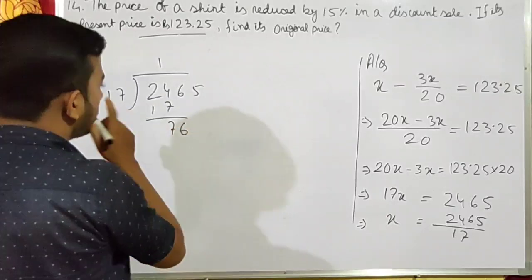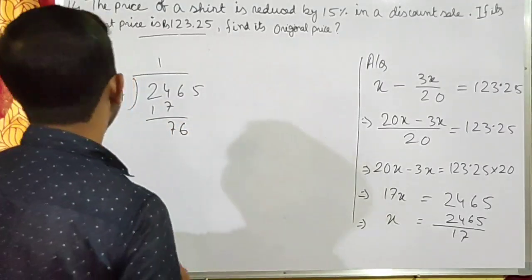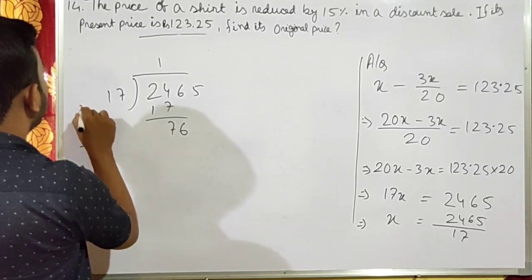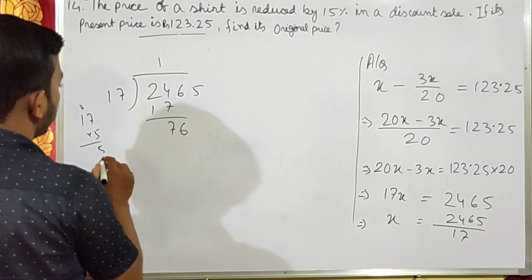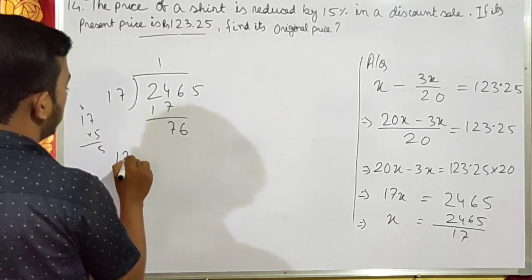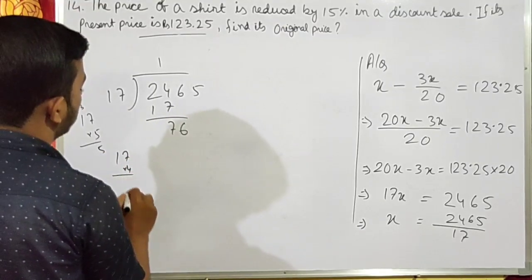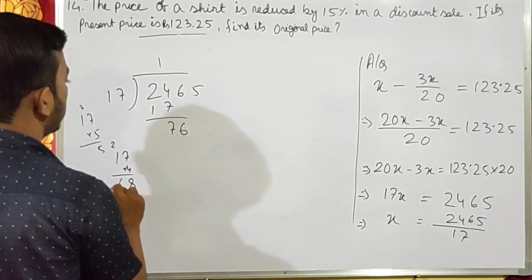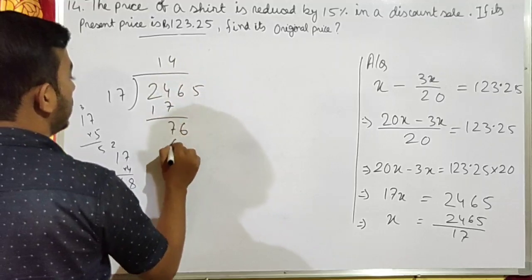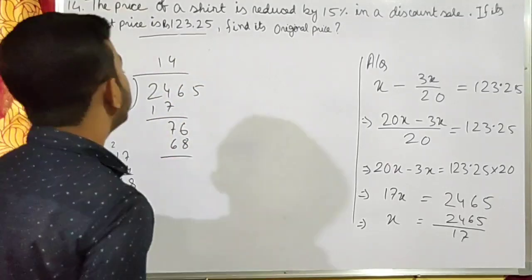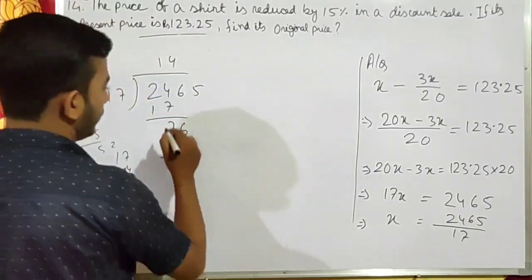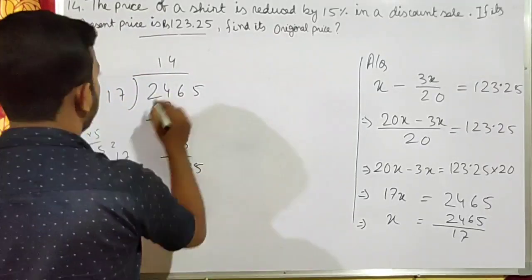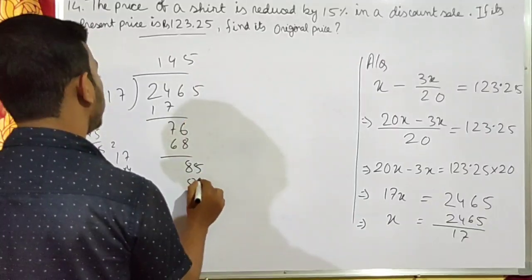Then bring down 6, 17 into 4 is 68, 16 minus 8 is 8, then 85, 17 into 5 is 85.